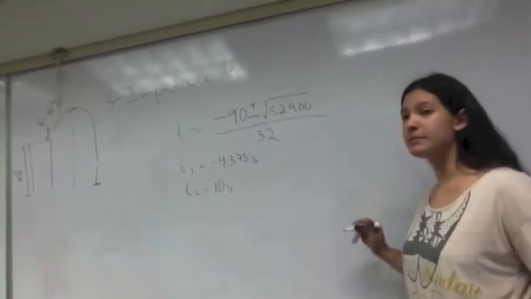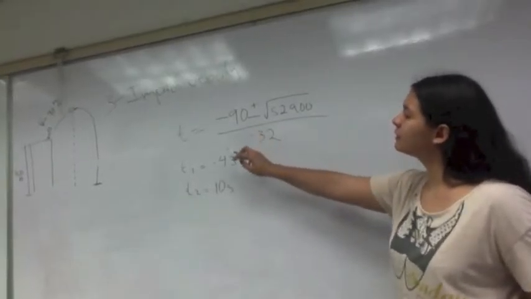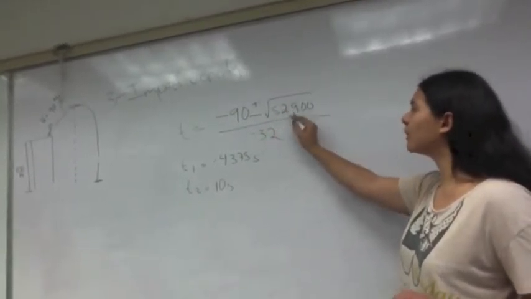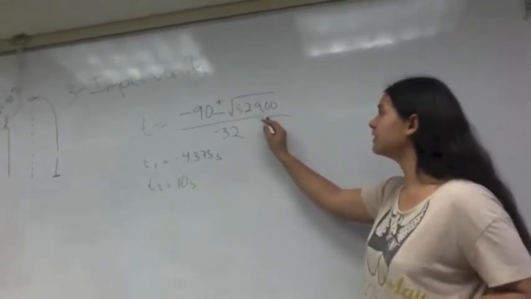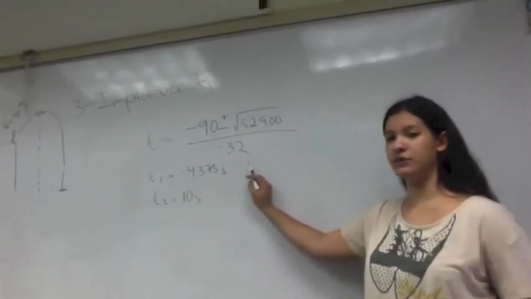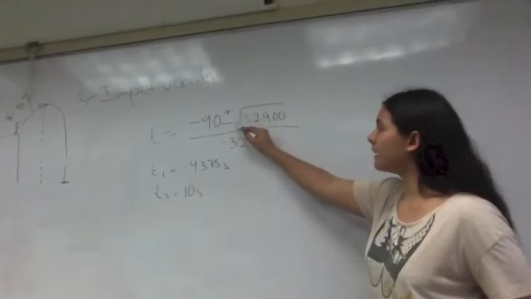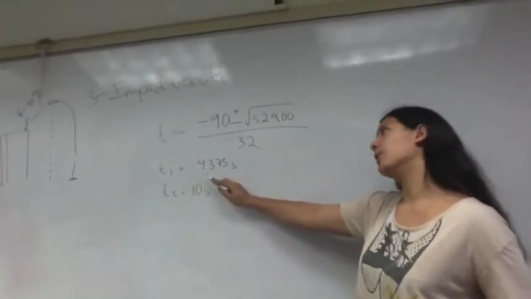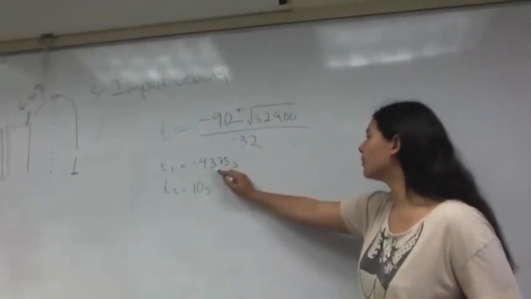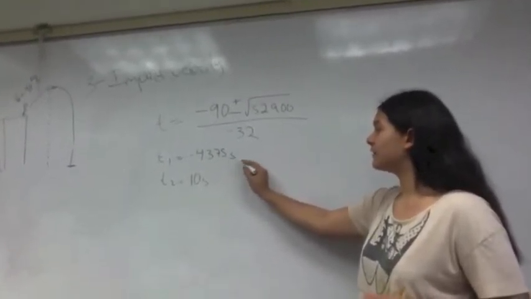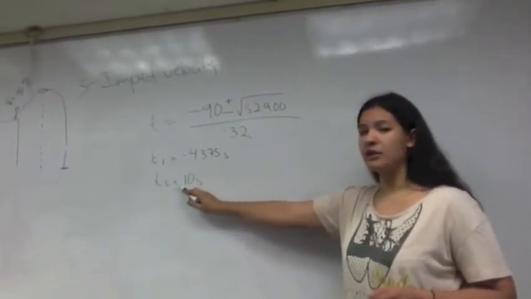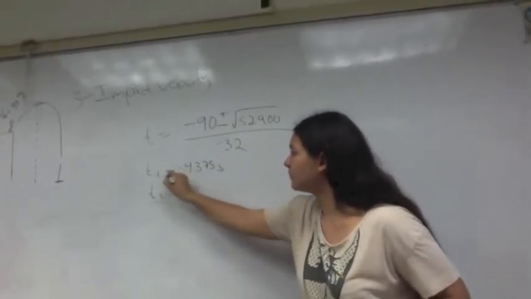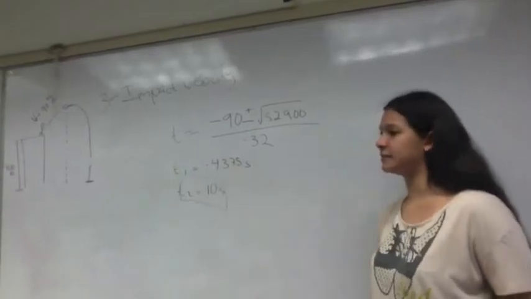In simplifying the last equation, we got t equals negative 90 plus or minus the square root of 52,900 over negative 32. As we have two values, we will get two values for t: negative 4.375 seconds, and the second value will be 10 seconds. But we will use the positive one because we cannot have a negative time.